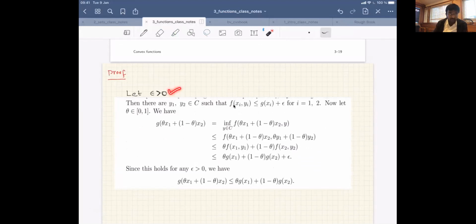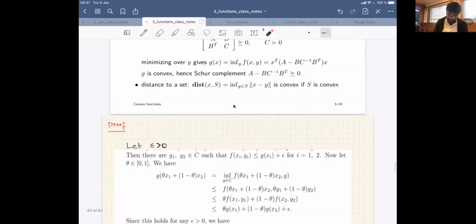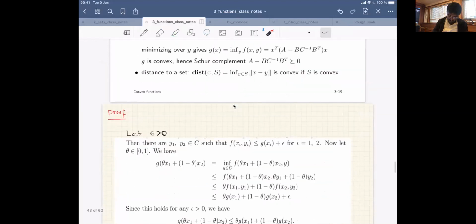I'm considering a value epsilon without any assumption, just one assumption, that it's positive. Then I can find two values y1 and y2 from the set C such that f of x evaluated at those points is less than g plus epsilon. What is g? G is the infimum, right? Like if you remember, you have a set S, and let's consider this as the set.